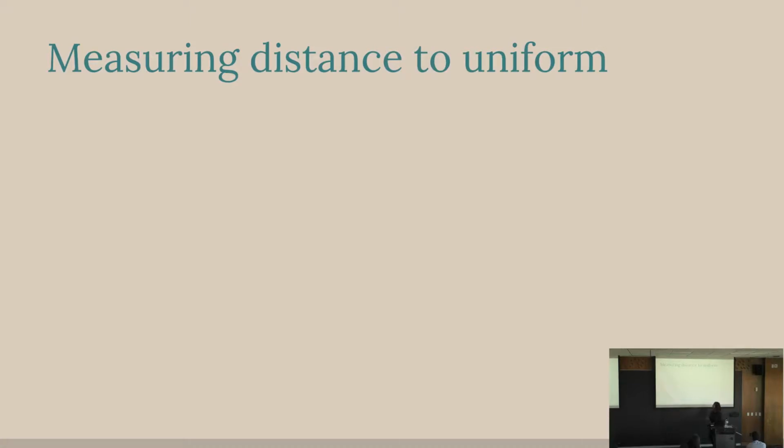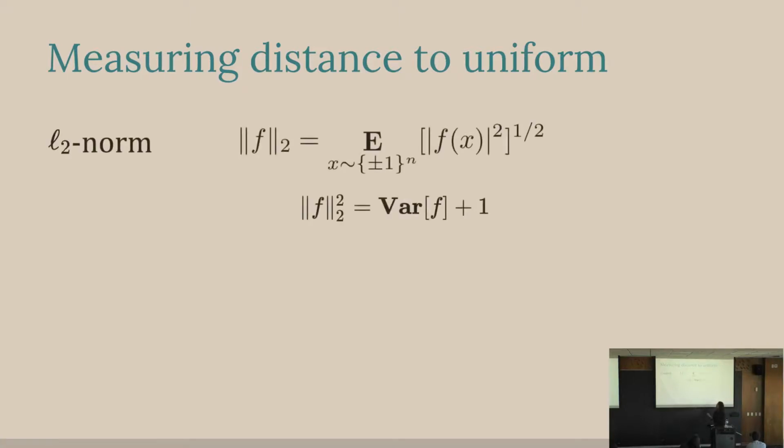Okay, so to try and answer that, we need to think about how we measure the distance to the uniform distribution. I'll first talk about one measure of distance, which is the L2 norm.